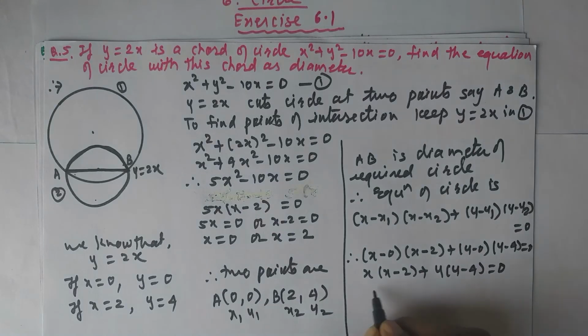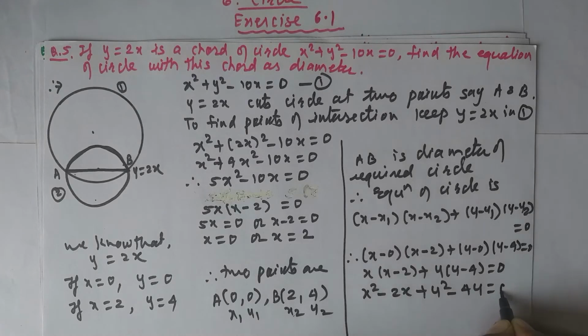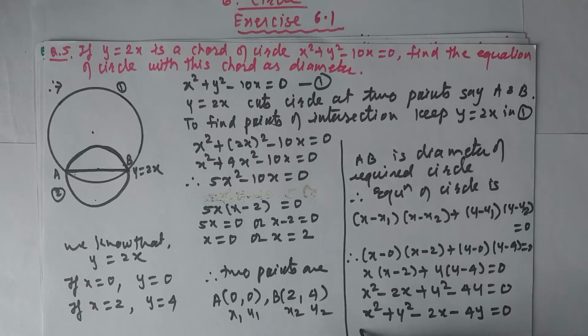Now we will simplify this. This is nothing but x square minus 2x plus y square minus 4y is equal to 0. Now first you write down the term of x square, then the term of y square, then the term of x, then the term of y is equal to 0. This is the equation of the required circle whose diameter is y is equal to 2x.